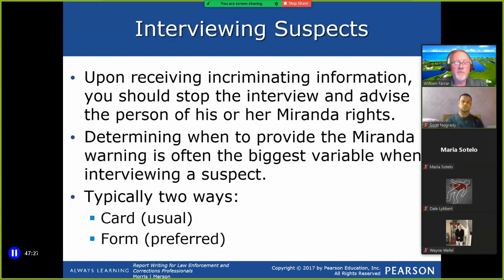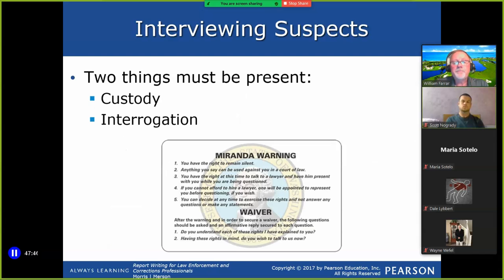As far as actually giving the admonishment, there are two different ways that I've seen law enforcement agencies have you do this. One is by a Miranda card, and I'll show you what a card looks like, and the other is by a written form. This is what a Miranda card looks like.